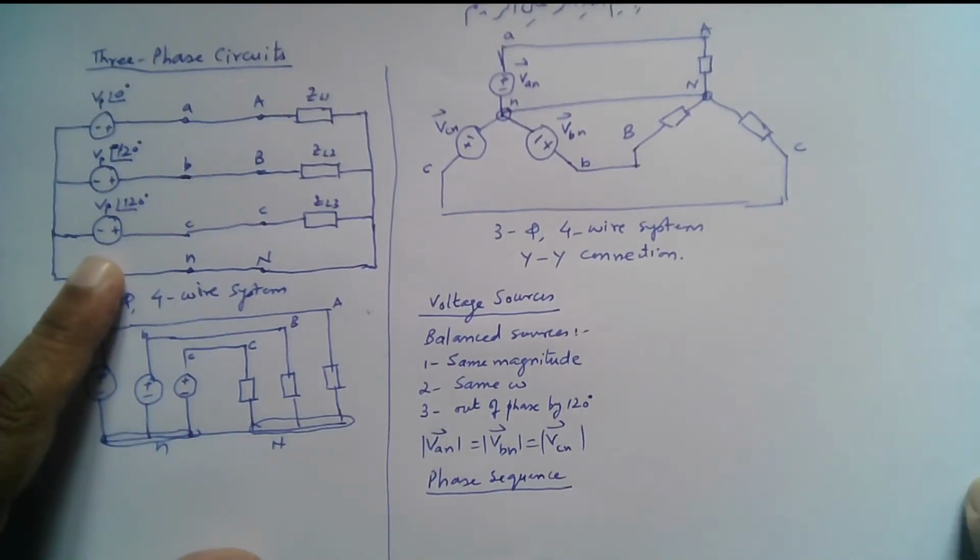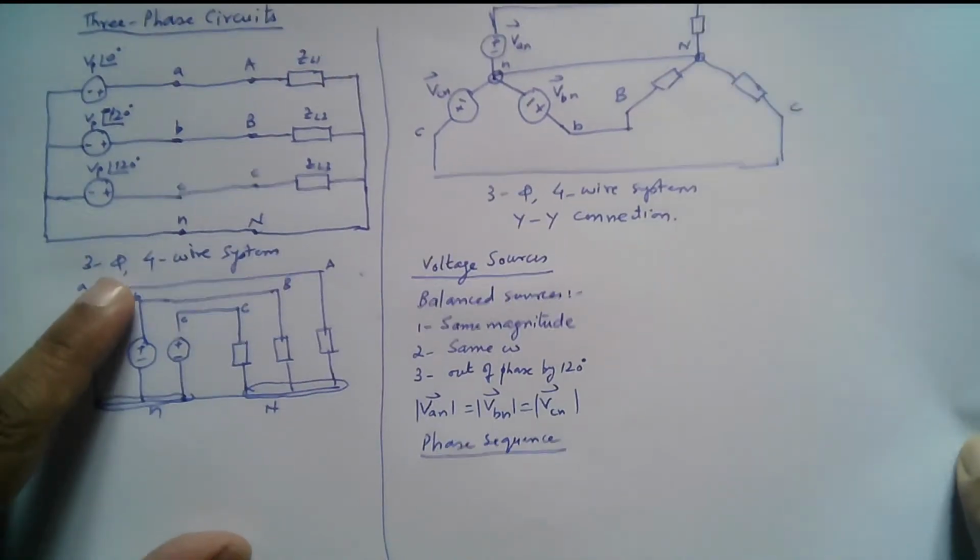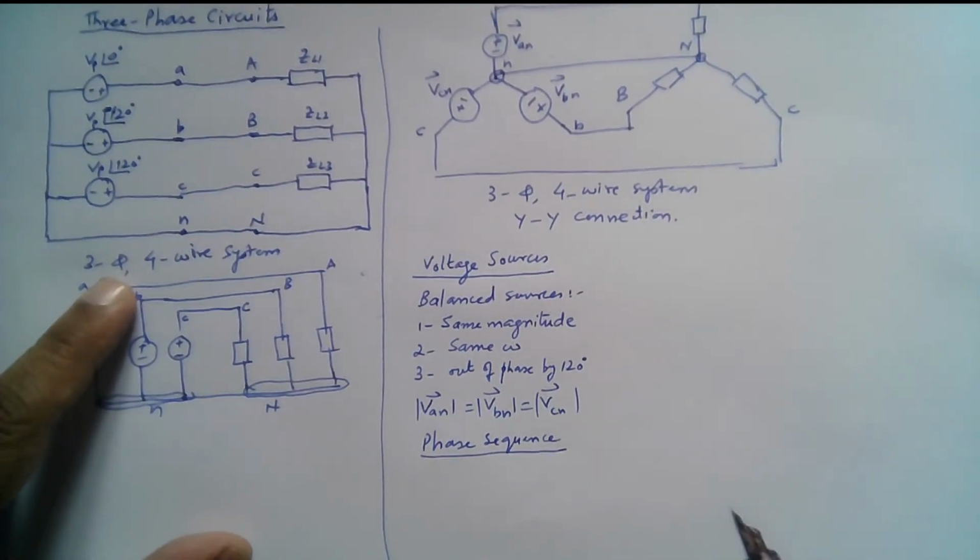So phase sequence is the time order in which voltages pass through some typical value, for example the maximum value.